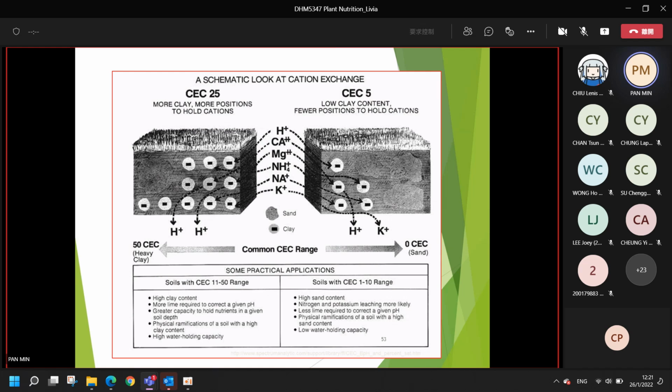So you just ensure the nutrient level in the top 15 cm of the soil, and that is enough.